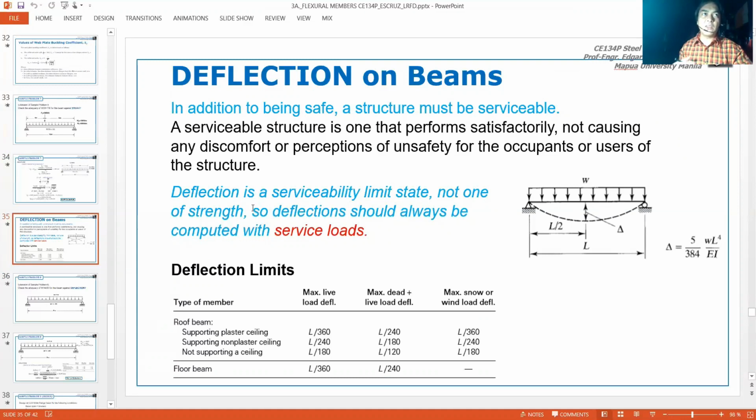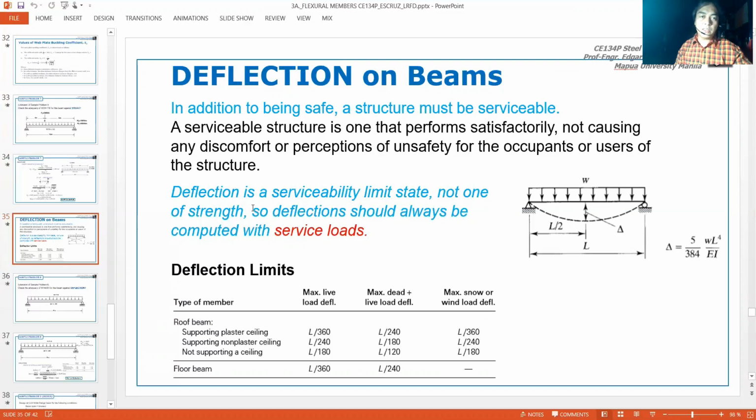So hindi naman siya ganun kadelikado yung deflection. Kaya lang, pwede siyang magbigay ng alarm or panic para dun sa mga occupants at para kabahan sila. Parang hindi yata safe yung building na to kasi lumulundo siya ng mga 4 inches. So parang hindi yun nakakapanatag ng loob, di ba?